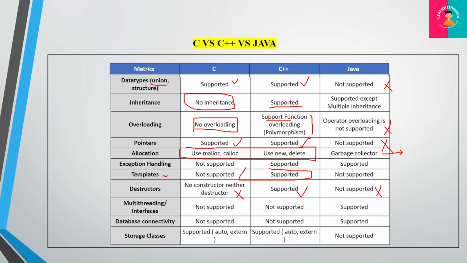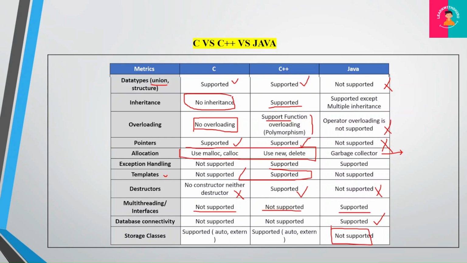Multi-threading and interfaces are not supported in C and C++, and are supported in Java. Database connectivity is not supported in C and C++, and is supported in Java. Storage classes like auto and extern are supported in C and C++. Next we will detail these.